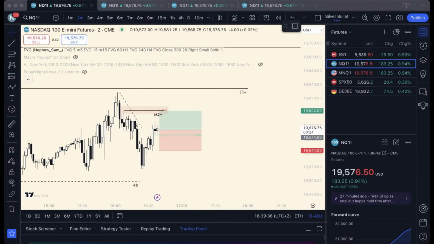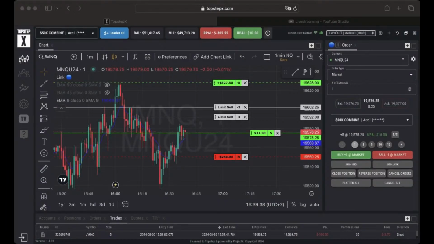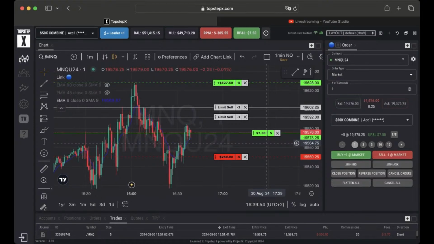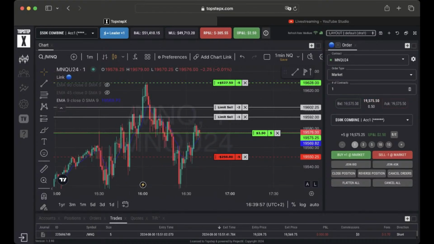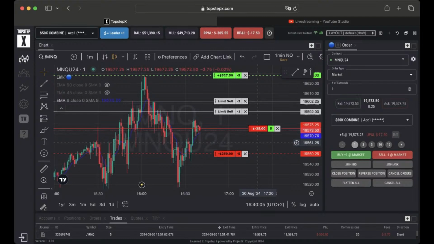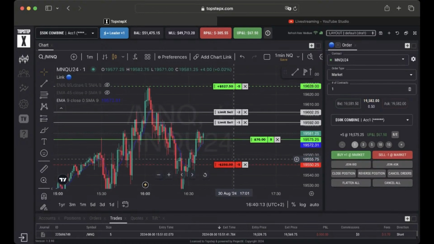Okay, I'm going to quickly change the screens. So if I'm right about the bias or the inversion, we go up, normally we just push in this direction, and if not, we get stopped out quickly.